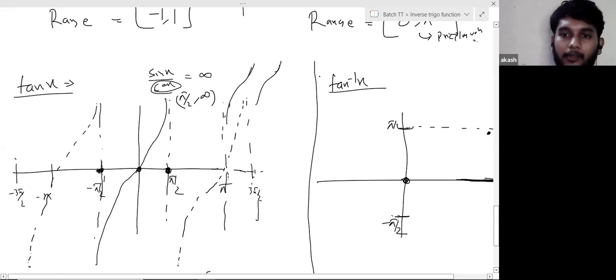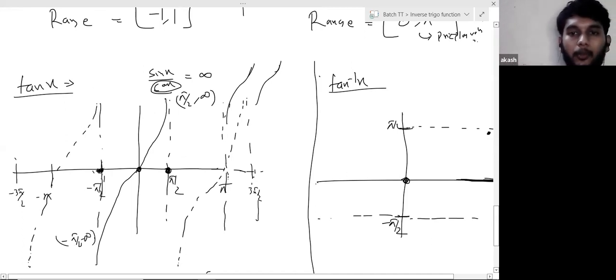And same with this, because here this is minus pi by 2, minus infinite. So we have to draw minus infinite and minus pi by 2. When you go to minus infinite in x, it seems like it is touching minus pi by 2. So somewhere like this, the graph will be.